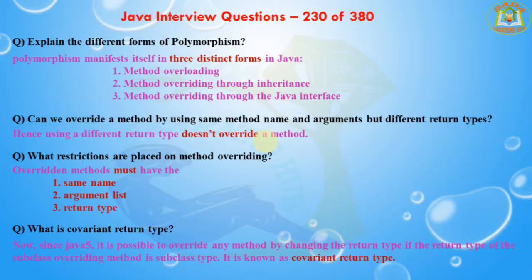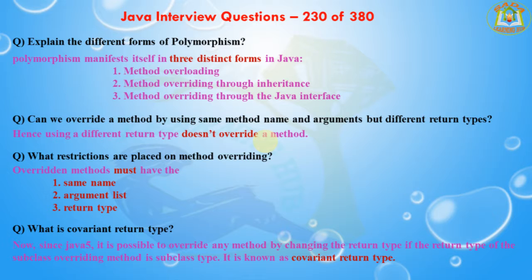The basic condition of method overriding is that method name, arguments as well as return types must be exactly the same as those of the method being overridden. Hence, using different return types doesn't override a method.